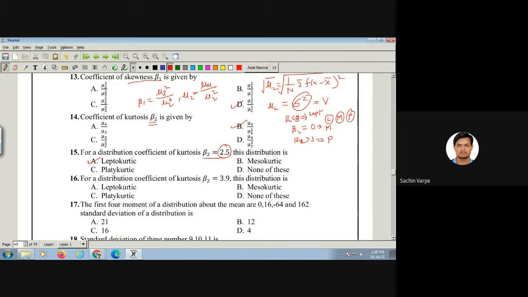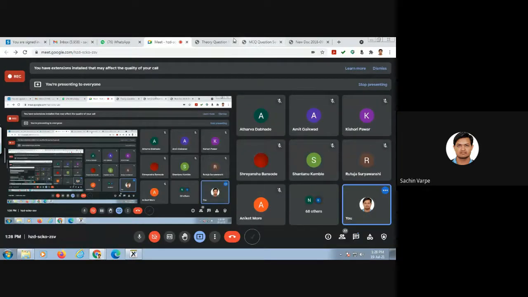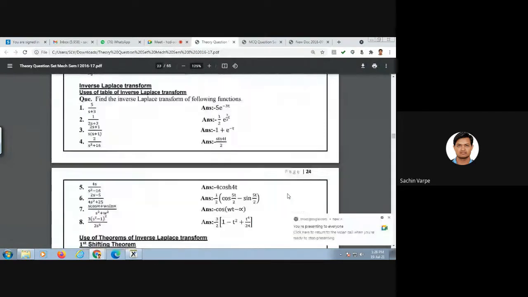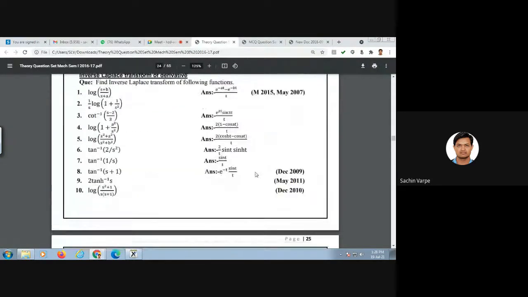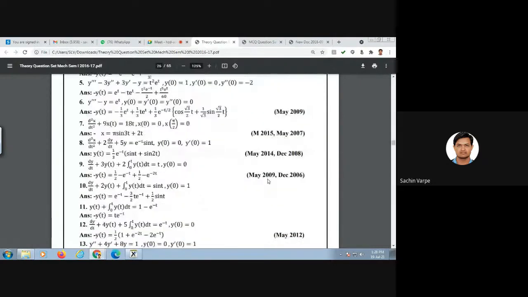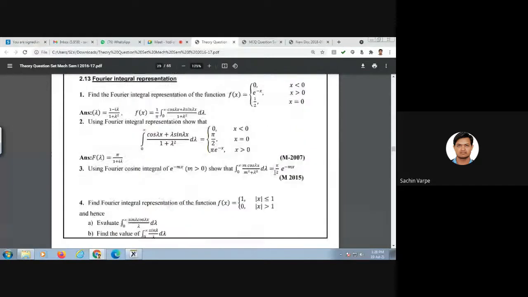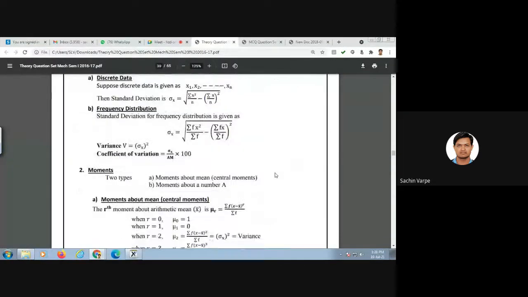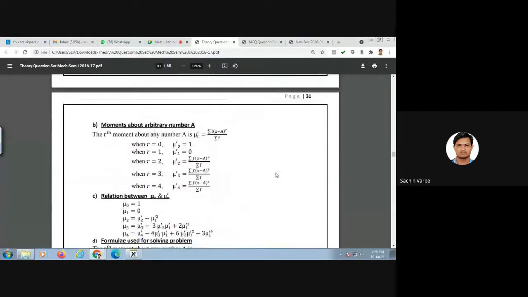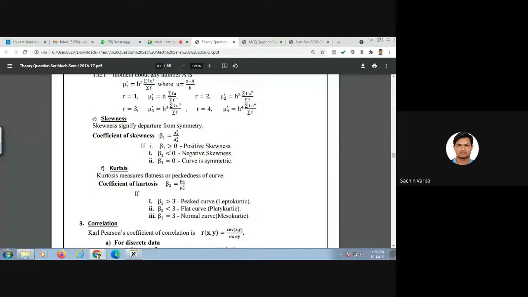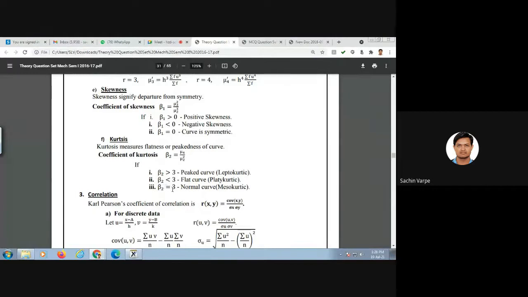Let me check it out. Yes. If beta 2 is equal to 3, then the curve is a normal curve, which is mesokurtic. If beta 2 is less than 3, then the curve is platykurtic.